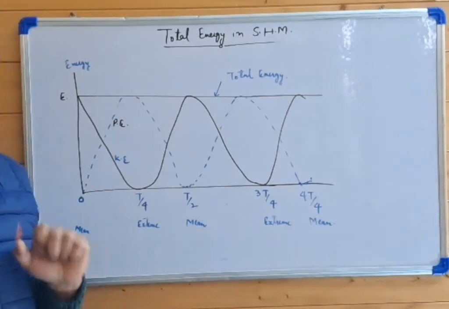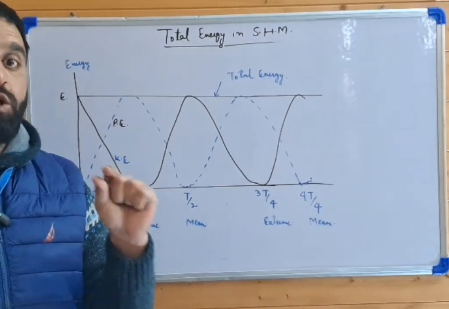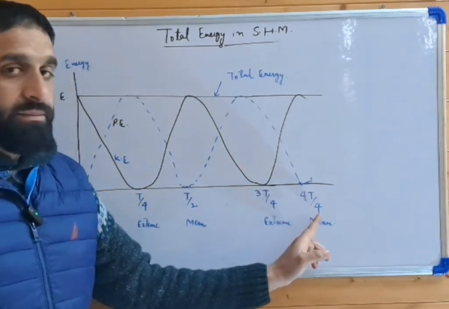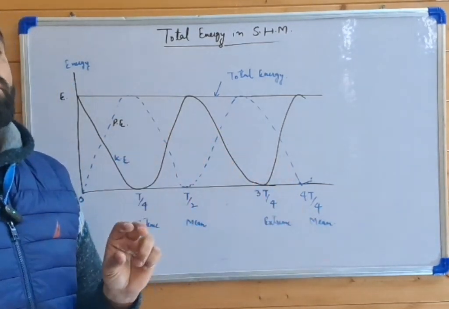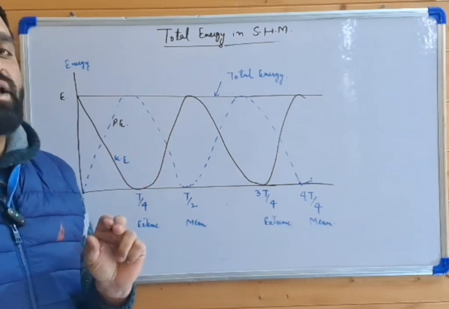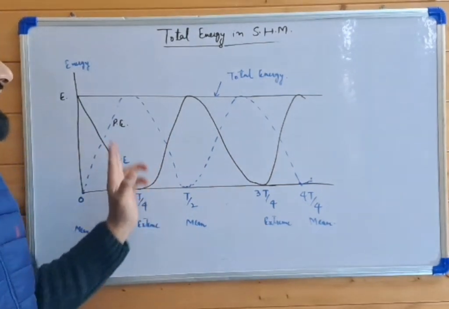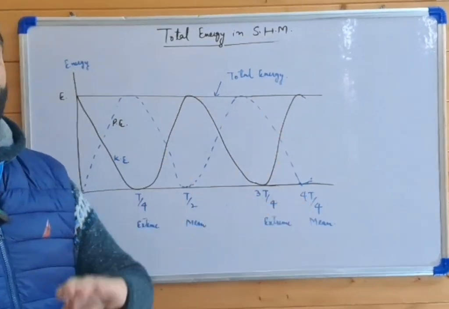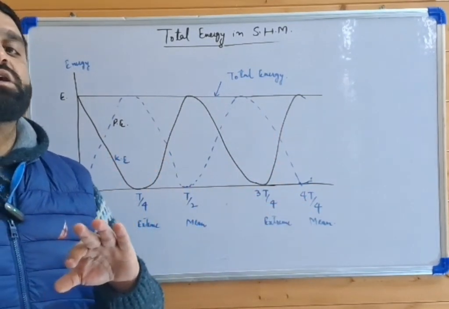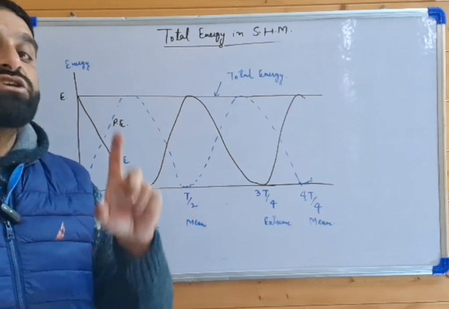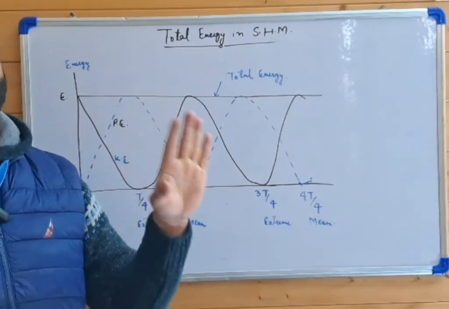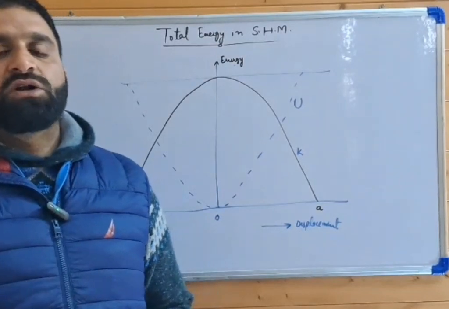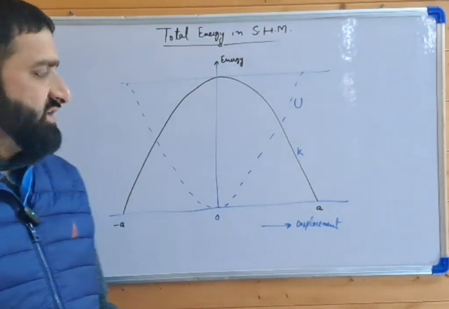An important thing to note is that from 0 to 4T by 4, the simple harmonic motion completes one full cycle, but the variation of the kinetic energy and the potential energy completes 2 cycles. So we see that the frequency of the change in kinetic energy and potential energy is twice the frequency of the simple harmonic motion.